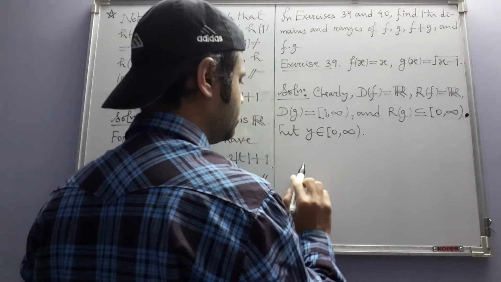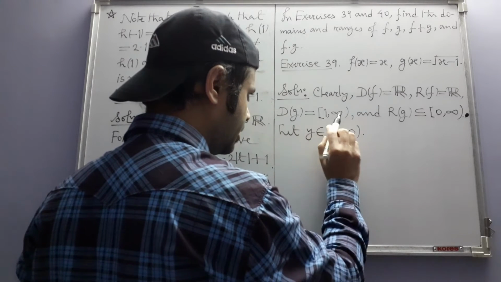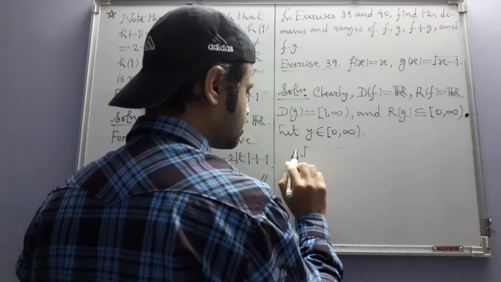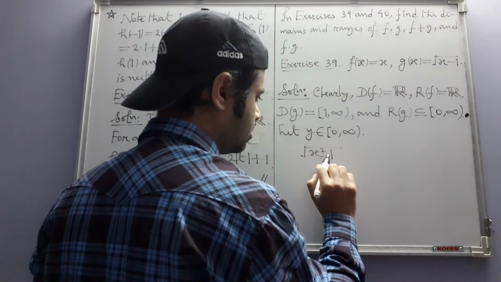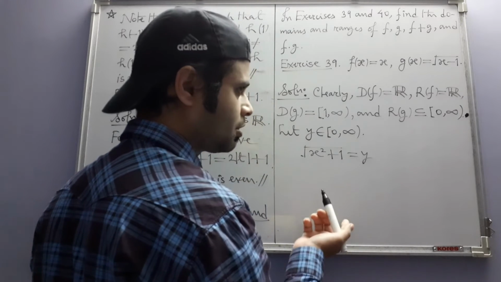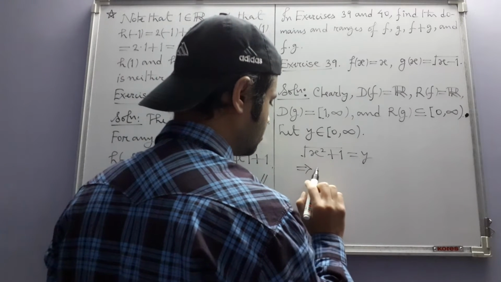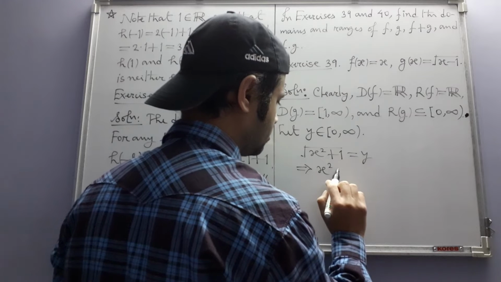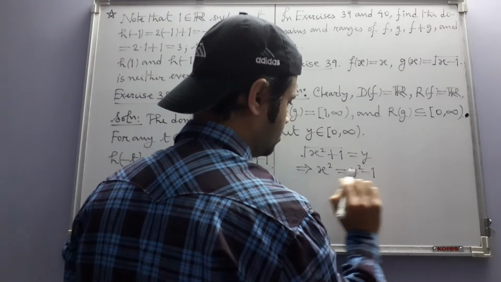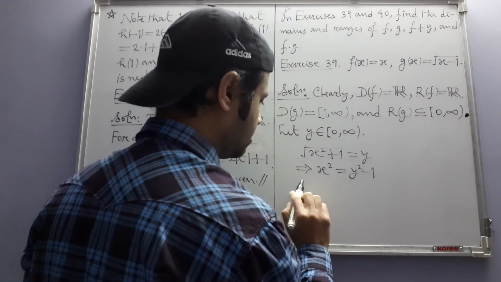There is not going to be much problem in showing this. We want an x here such that g of x, that is, this becomes equal to y. So you solve for x. Square should be equal to y square minus 1.